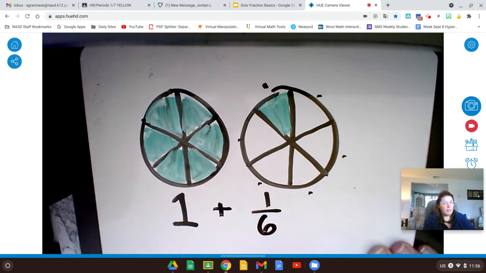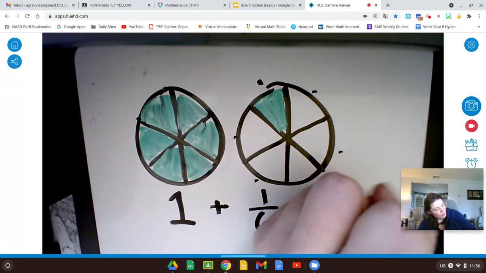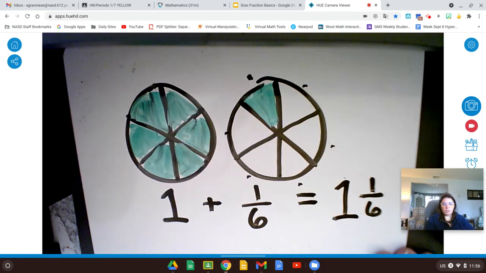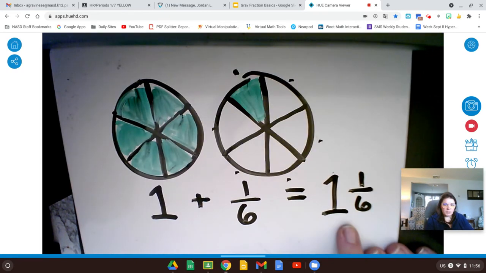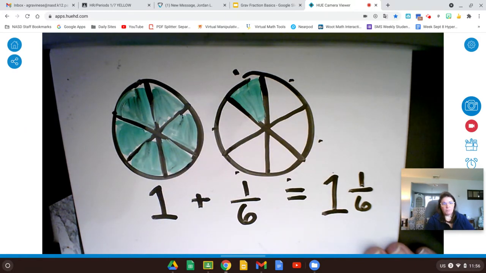If I combine those two models or add them together, I have a total amount of 1 and 1/6 shaded in. This is a mixed number. It's a mixed number because we have more than one whole. We have one whole and some more, 1/6.